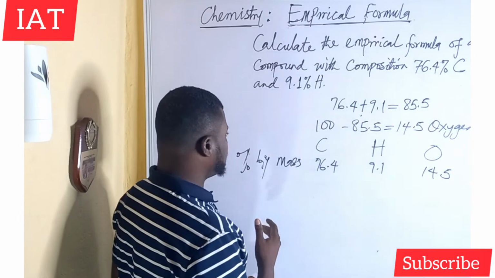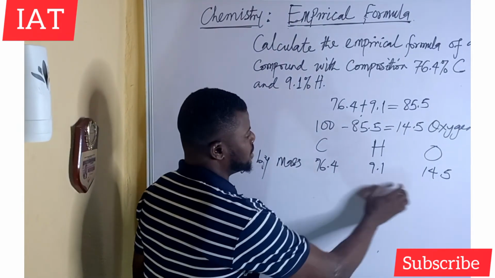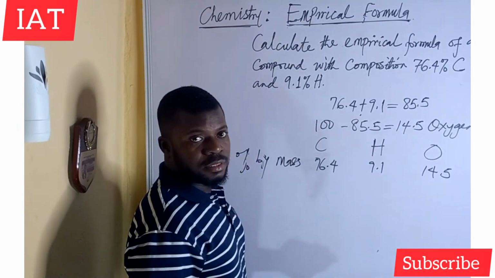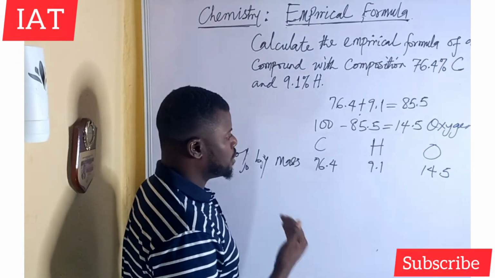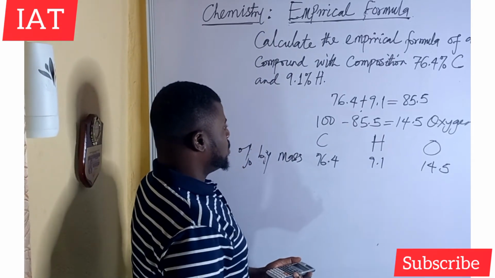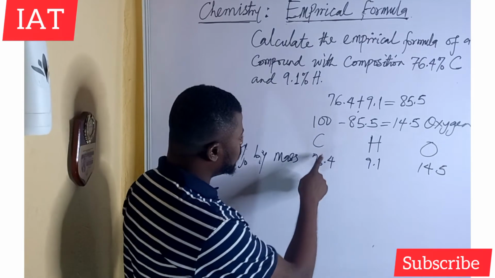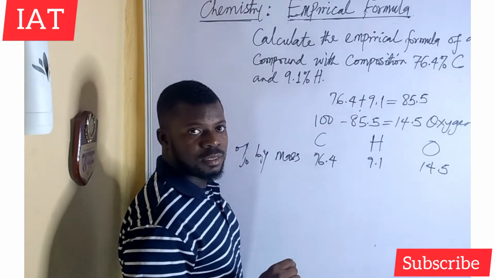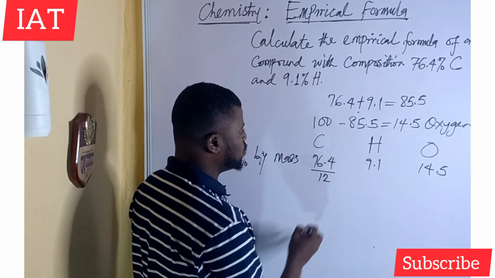The second step is to make sure you divide this percentage by mass by the atomic masses. We have what we call the atomic number of each of these elements present there. So the atomic number for carbon is 6, and the atomic mass is 12 when you multiply by 2.